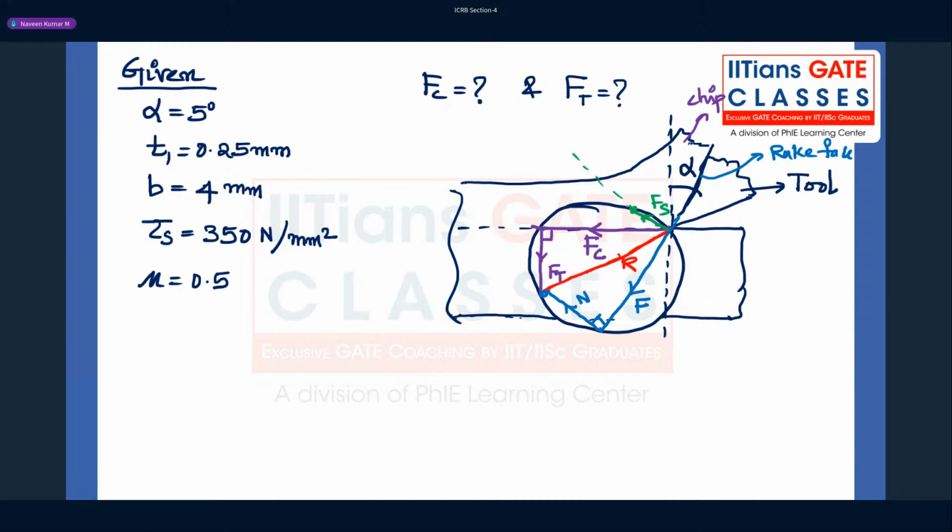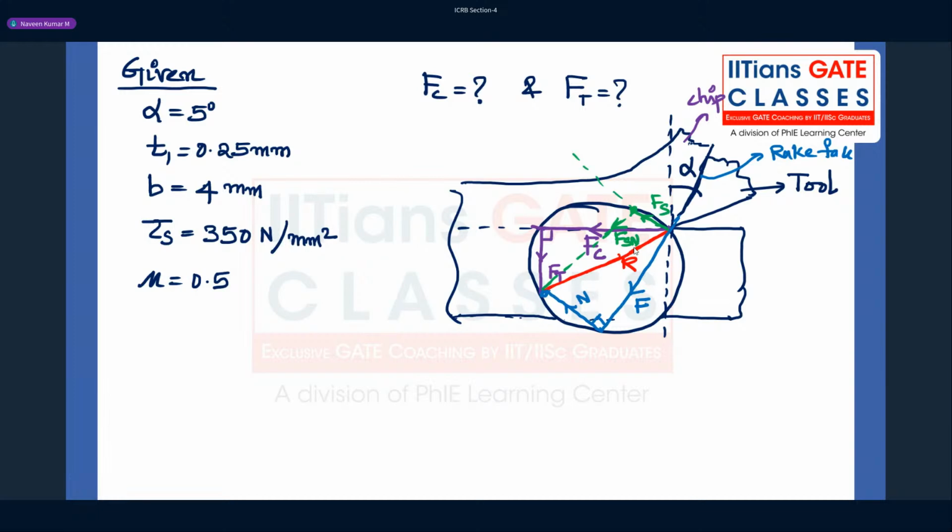And this force I'm drawing in some other color is Fsn. Fsn is nothing but the force perpendicular to the shear force, or the force acting normal to the shear force.